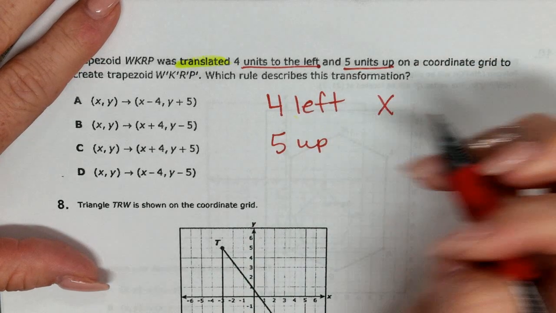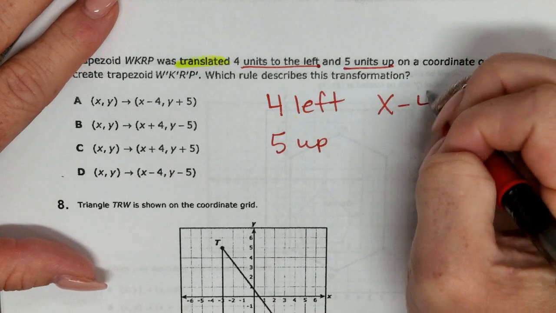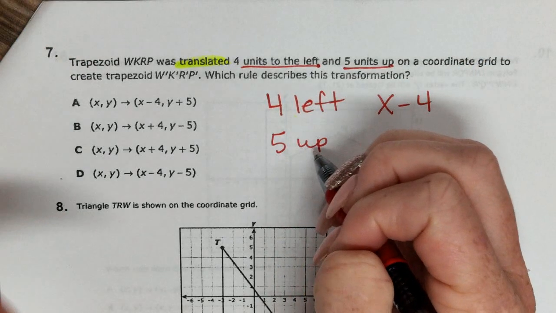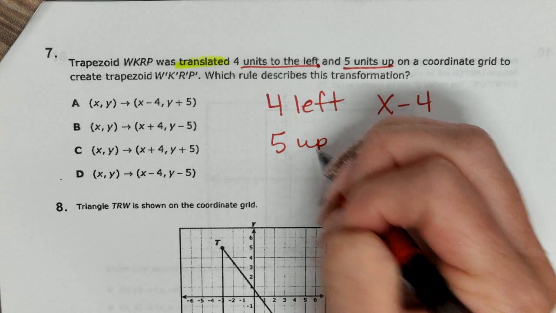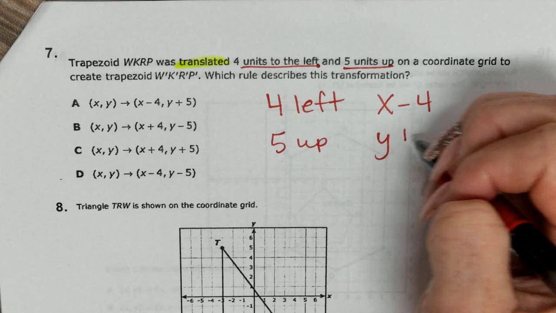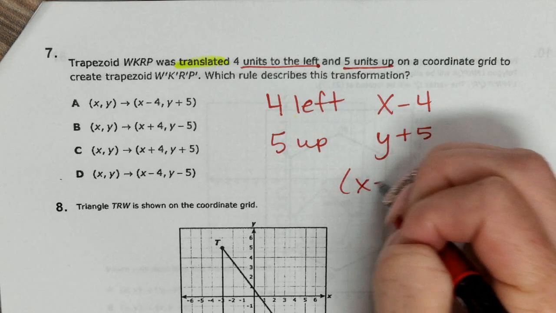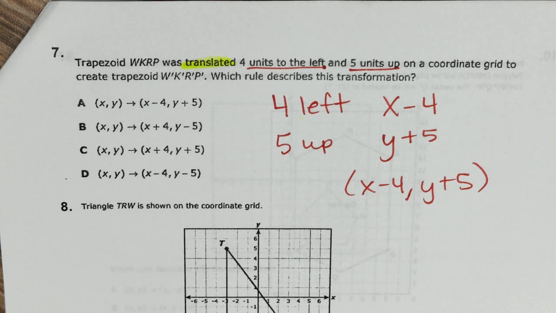X. Is left going to be a plus sign or a minus sign? Minus 4. Up. Which axis moves up and down? Y. Is up going to be a plus sign or minus sign? Plus. So X minus 4, Y plus 5. A.